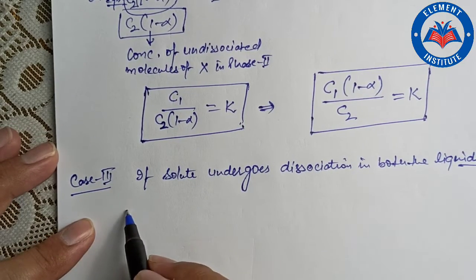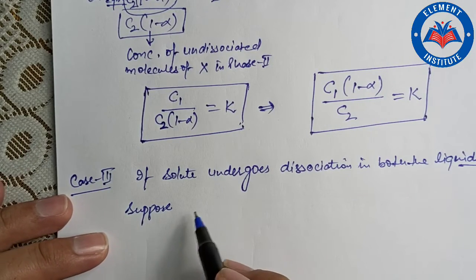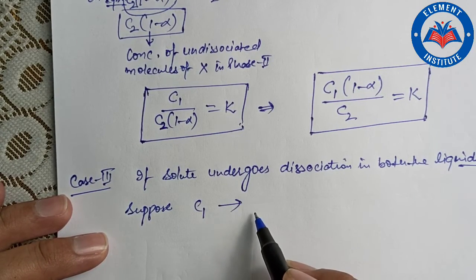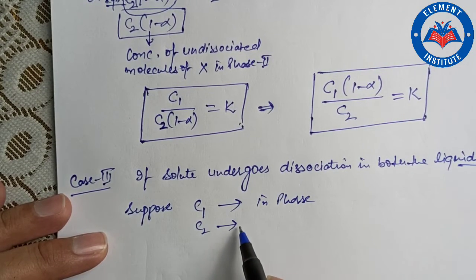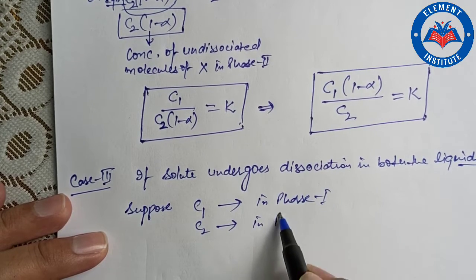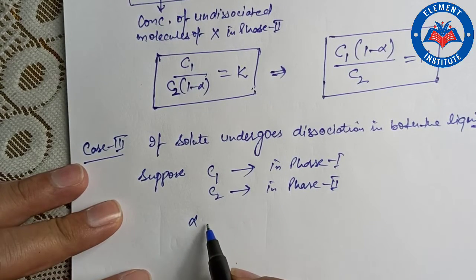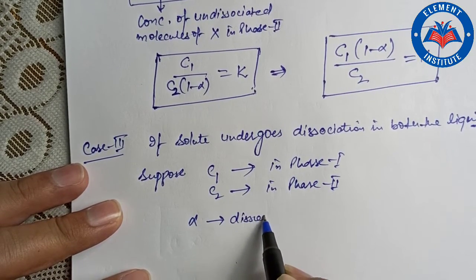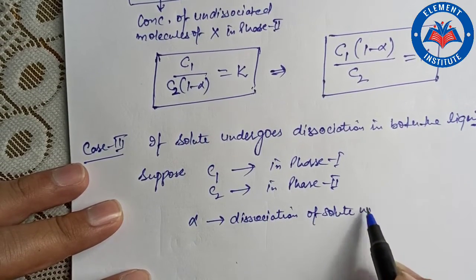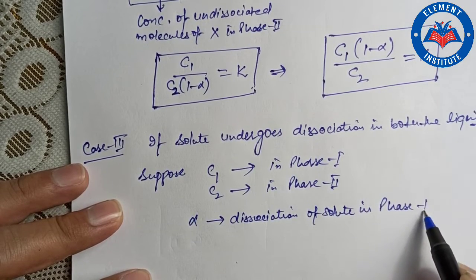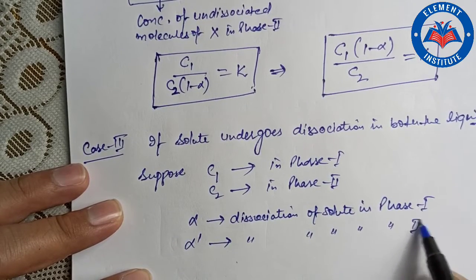Simply, now suppose C1 is the concentration of solute in phase 1 and C2 is the concentration of the solute in phase 2, and let alpha be the dissociation of solute in phase 1 and alpha prime be the dissociation of solute in phase 2.